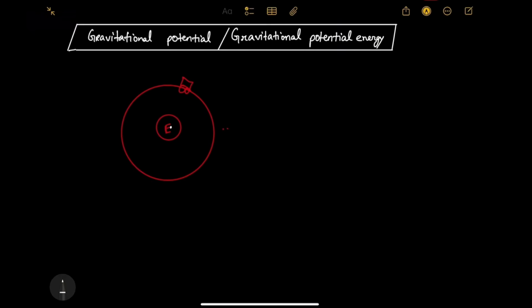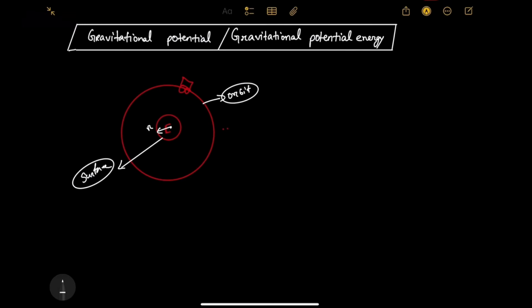This is the center of the Earth. From the center of the Earth, this is the radius, let's say this is our R, which is the radius from the center of the Earth to the surface of the Earth. This is the surface of the Earth, and this is the orbit.